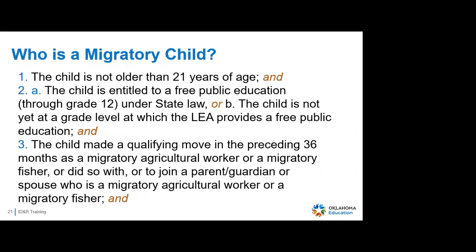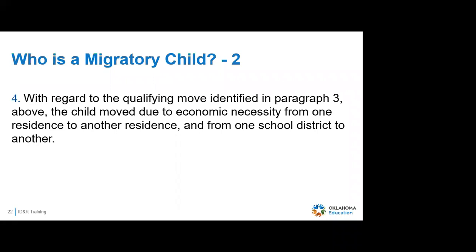The child is not older than 21 years of age, and the child is entitled to a free public education through grade 12 under state law, or the child is not yet at the grade level at which the LEA provides a free public education, and the child made a qualifying move in the preceding 36 months as a migratory agricultural worker or a migratory fisher, or did so with or to join a parent or guardian or spouse who is a migratory agricultural worker or a migratory fisher. And with regard to the qualifying move identified in paragraph 3 above, the child moved due to economic necessity from one residence to another residence and from one school district to another.